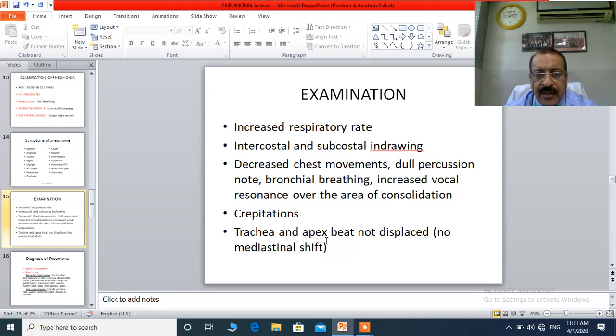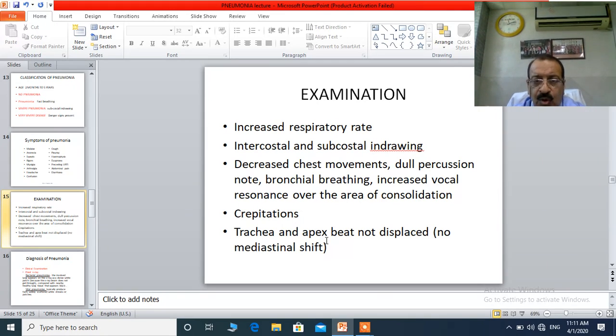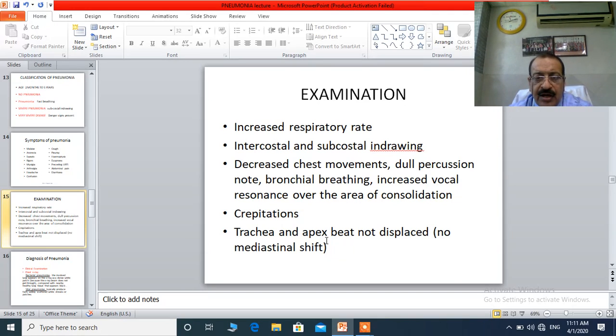If the child has lobar pneumonia, in which a large portion of the lung has undergone consolidation, then on examination we will find decreased chest movements on the side of the lobar pneumonia, and on palpation the trachea and the apex beat will be normally placed.